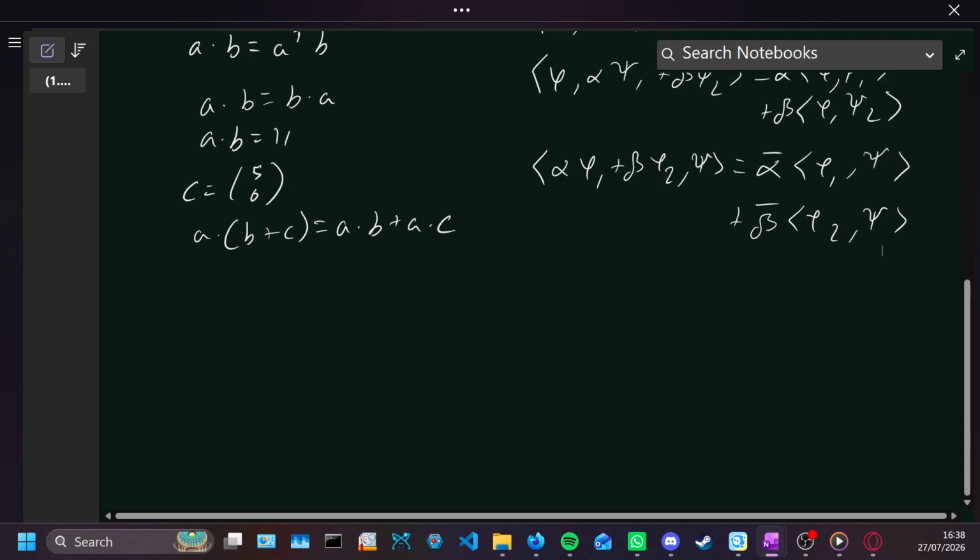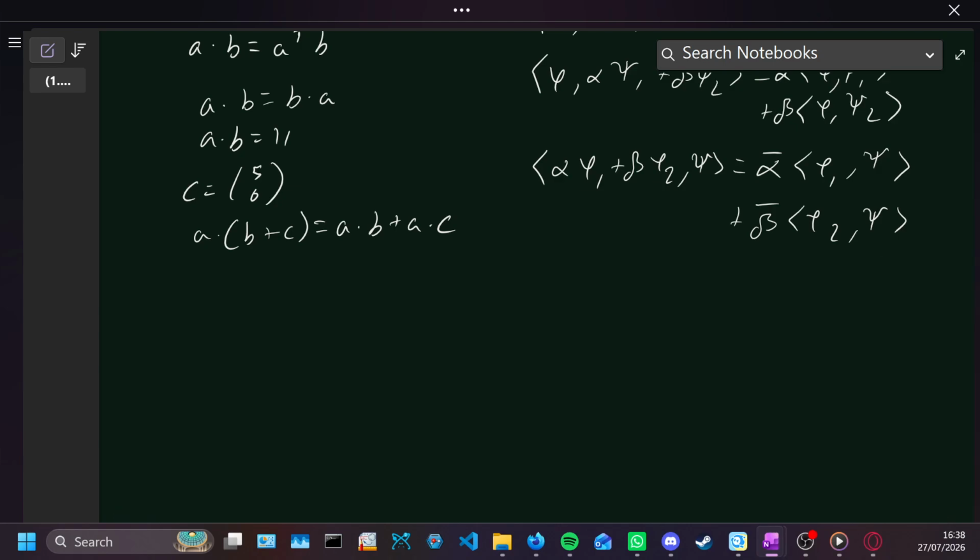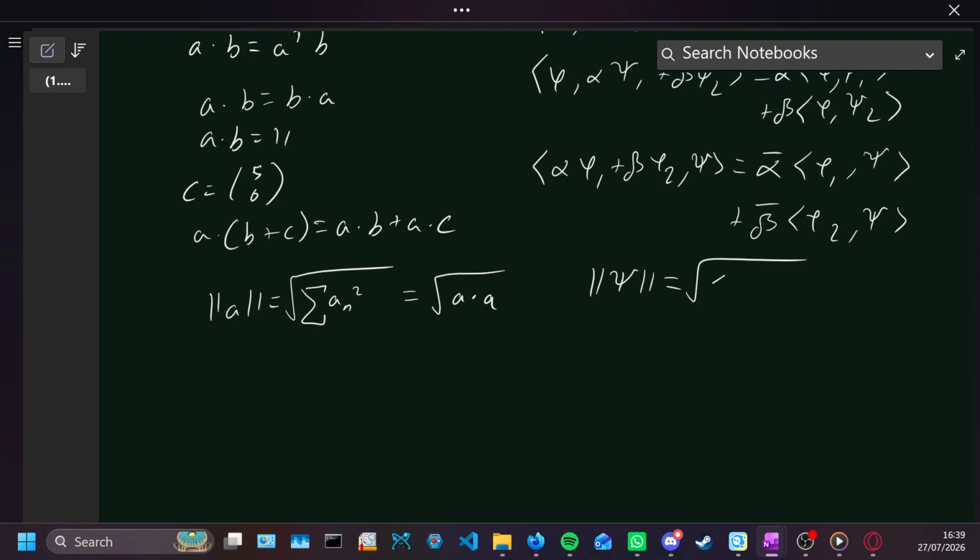Another useful thing to have about a vector is length. We can say that the norm of A is the Euclidean distance it travels, so that's the square root of the sum of A_n squared, which is equal to the square root of A dot A. Similarly, we can define the norm of psi to be the square root of the inner product of psi with itself.